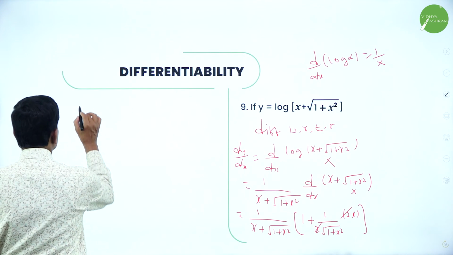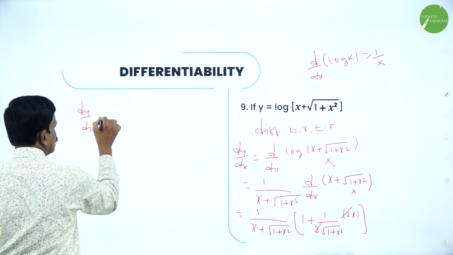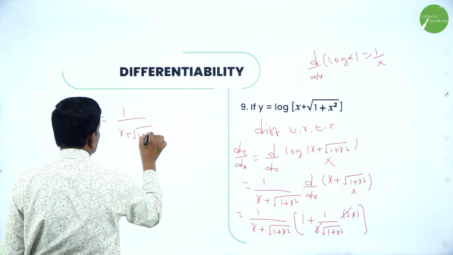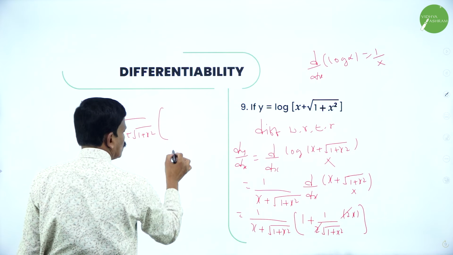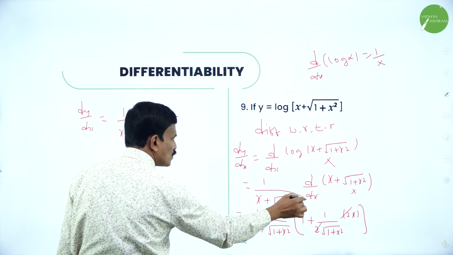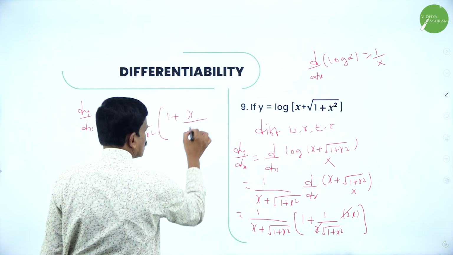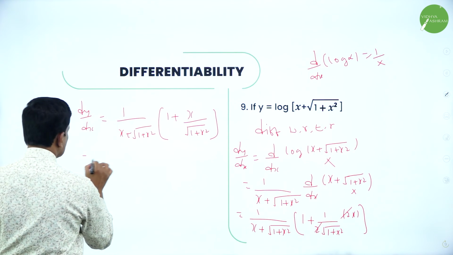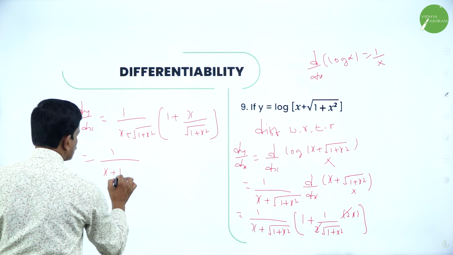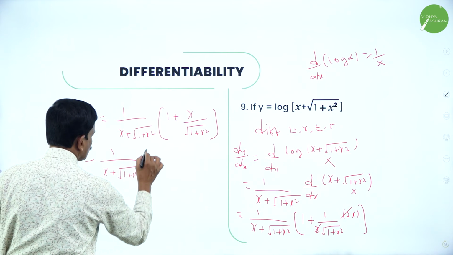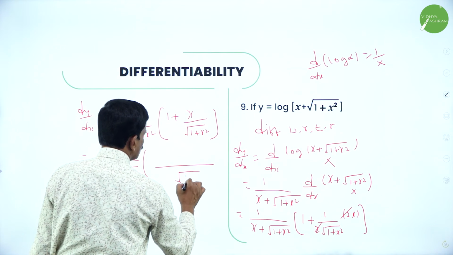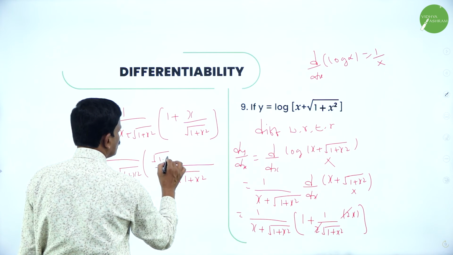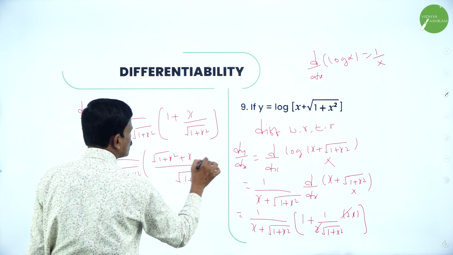What you will get? dy by dx is equal to, this is the same, 1 over x plus root of 1 plus x square into 1 plus, what is left over in the numerator is x divided by root of 1 plus x square. Now, this is the same 1 over x plus root of 1 plus x square into, take LCM. Root of 1 plus x square is the LCM. Cross multiply it: root of 1 plus x square into 1 is root of 1 plus x square.